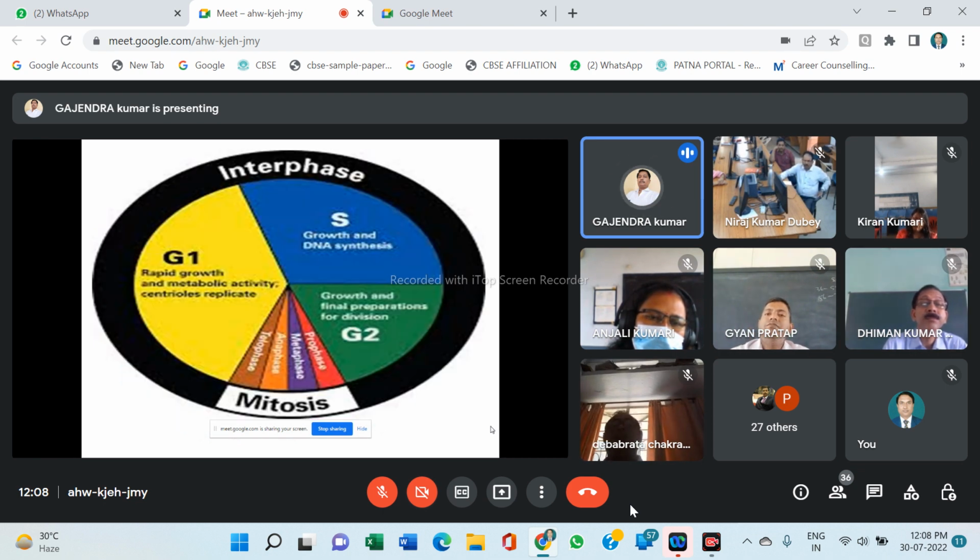So that is the rapid growth where the metabolic activities take place, centriole replicates, growth and development takes place, DNA synthesis occurs, and then growth phase again takes place. It means G1, that is the growth phase or the gap in some places, it is also called gap. Then synthetic phase, then again growth, and final preparation of the cell for the cell division. Then the prophase starts.